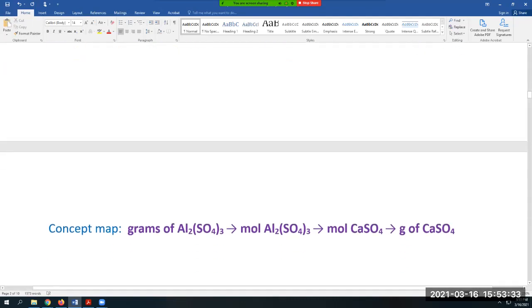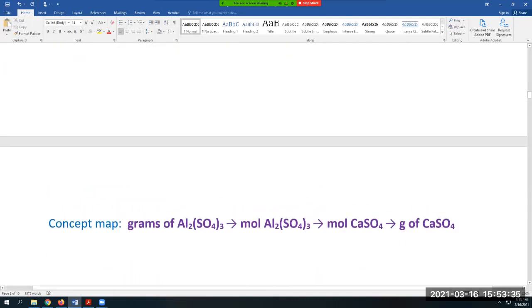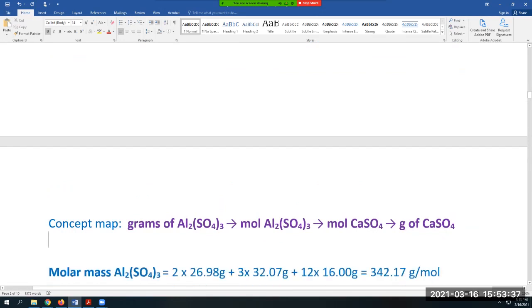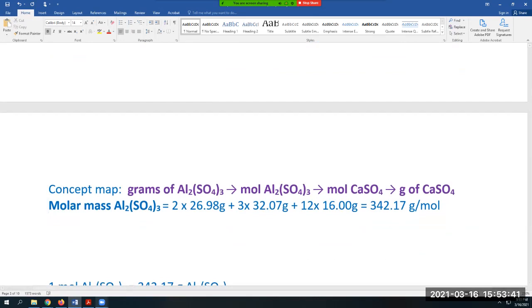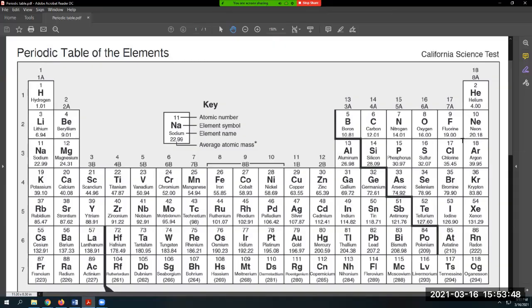Okay, so we will need the molar mass of aluminum sulfate, right? So let's look at the molar masses in the periodic table, because maybe you don't know these by heart. So we have aluminum. Aluminum is 26.98 grams per mole.